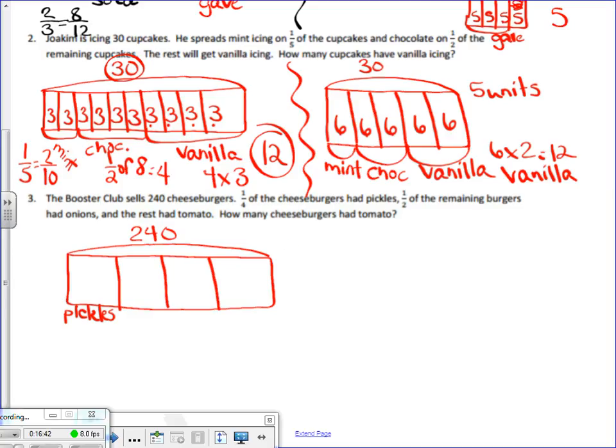So if I have 240 divided by 4, that tells me that every unit is going to be 60 because there are 4 units.